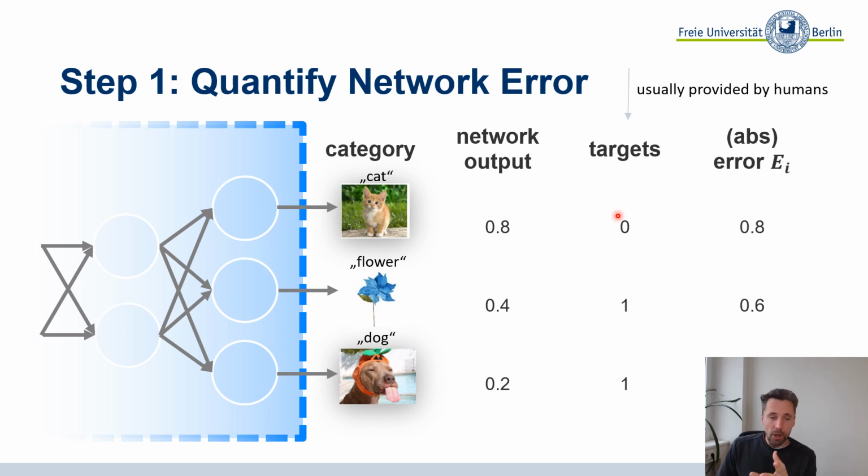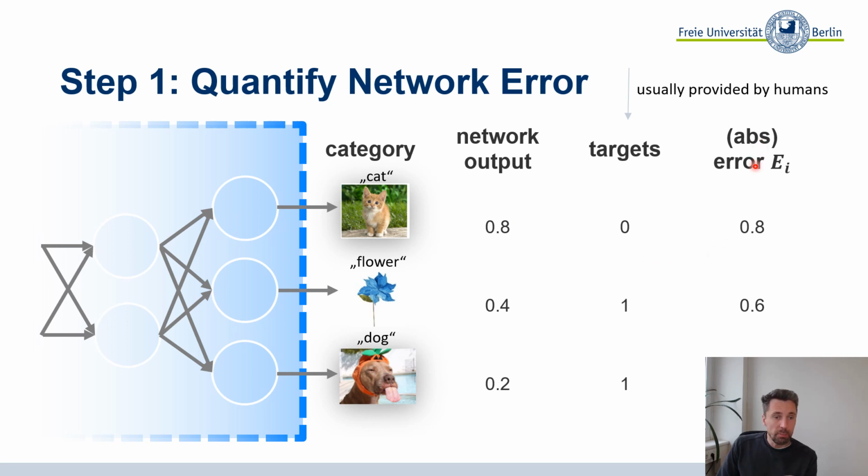And obviously, doing that for only one image isn't enough. We need to do this, well, basically for all images in the training set to be able to quantify the exact error that this network is producing.